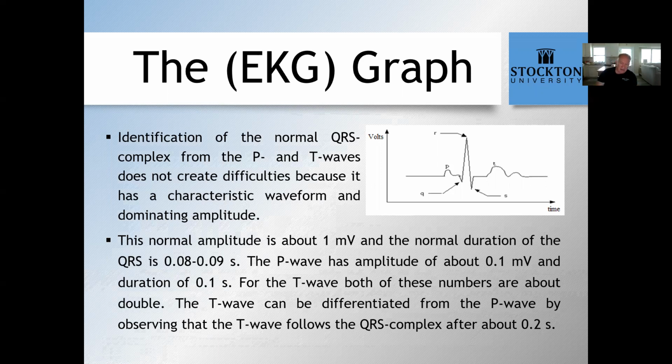So the T wave can be differentiated from the P wave by observing that the T wave follows the QRS complex after about 0.2 seconds. So we watch this QRS complex, and then about 0.2 seconds later, we get the T wave.